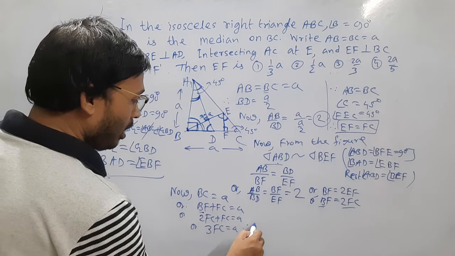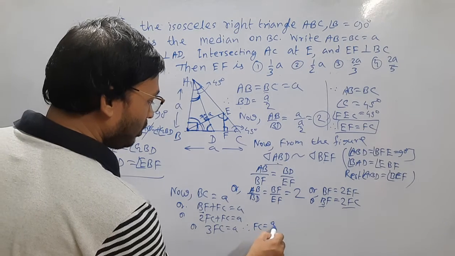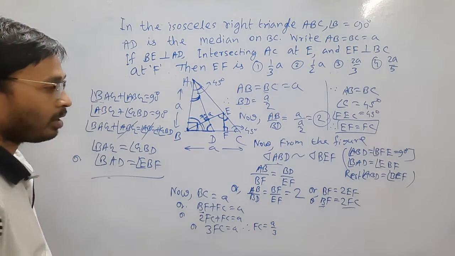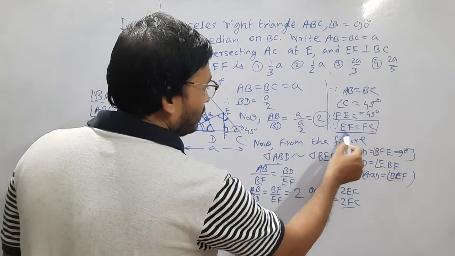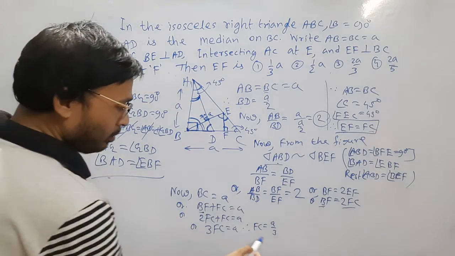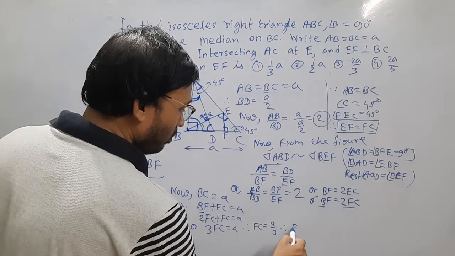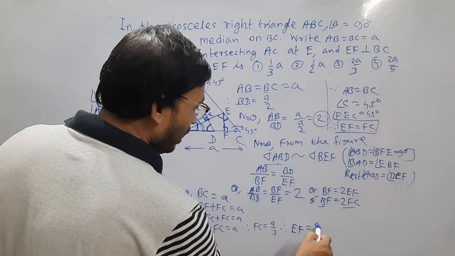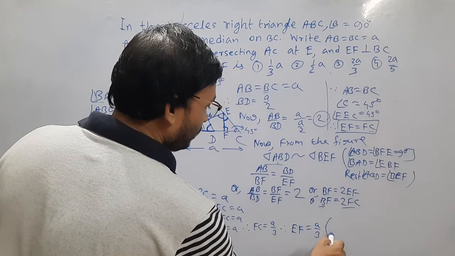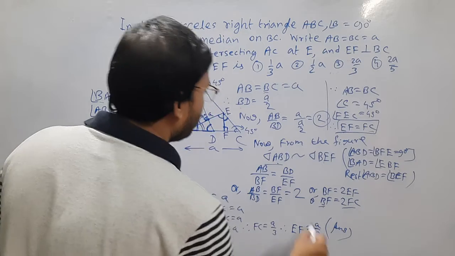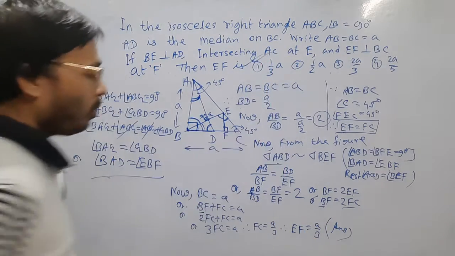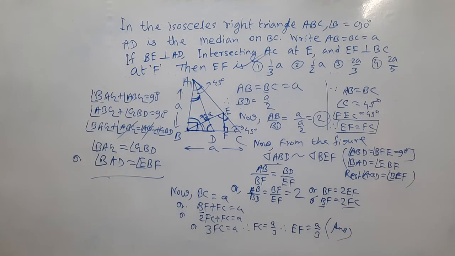Therefore FC is equal to a by 3. And FC means EF. Therefore, EF is equal to a by 3. This is the answer, so option 1. Clear?